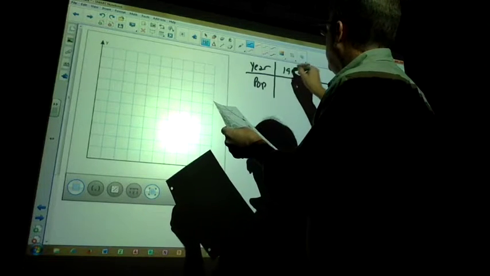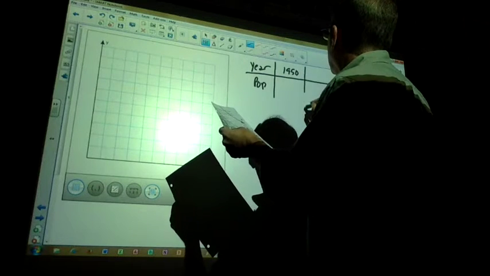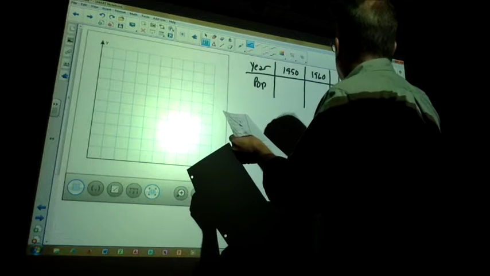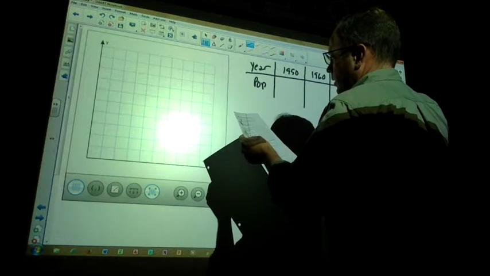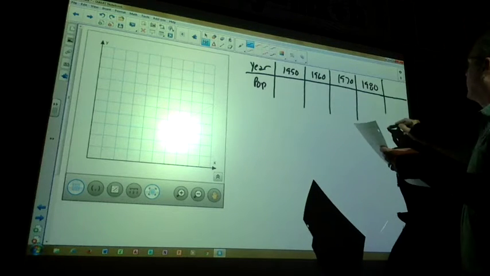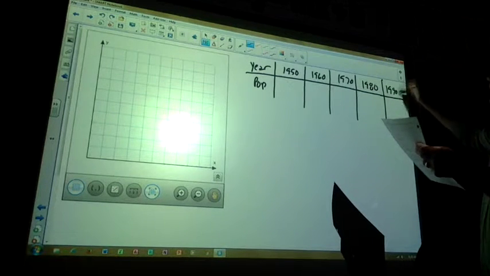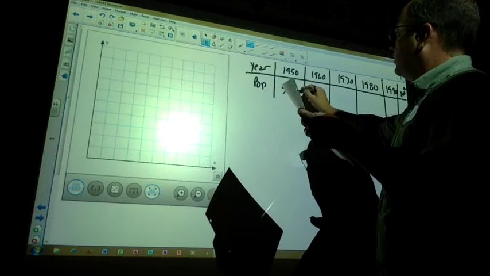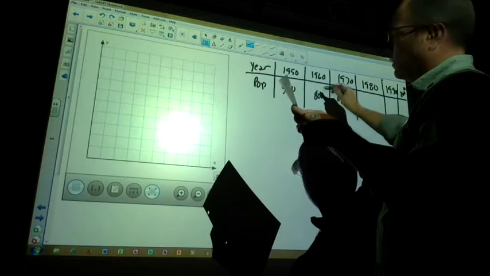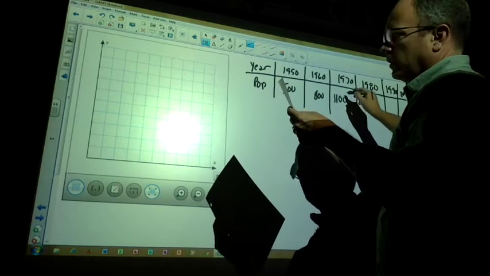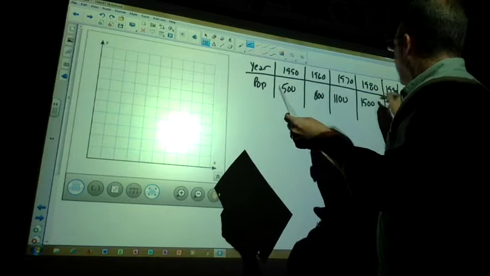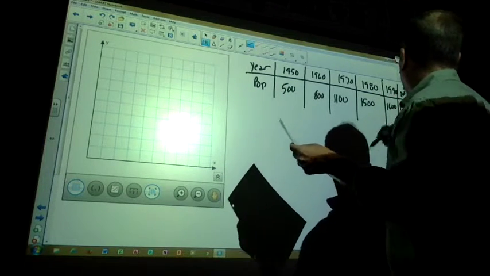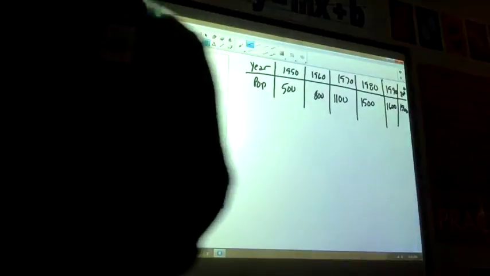So let's think about this. 1950, 1960, 1970, 1980, 1990, and 2000. There's 500 people here, 800 people here, 1,100, 1,500, 1,600, and 1,900. Okay. Did I do that right?